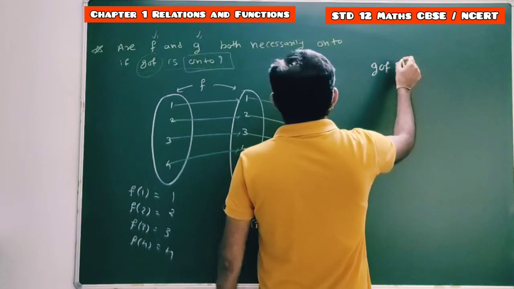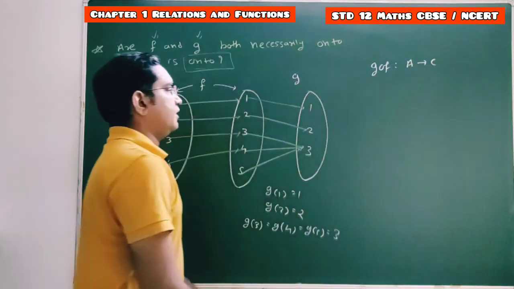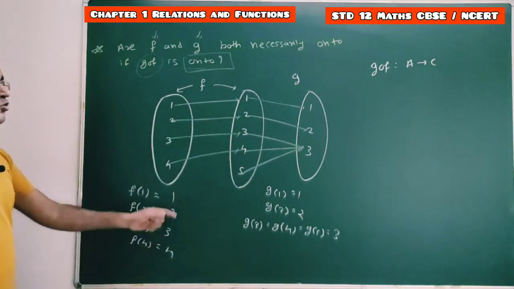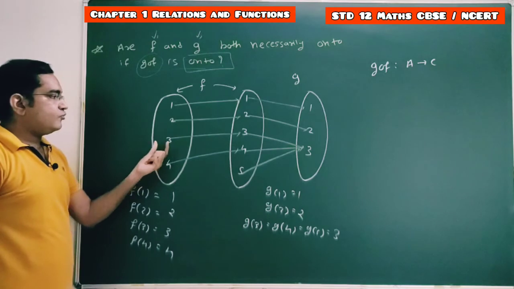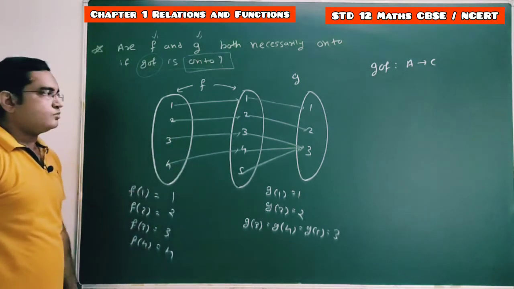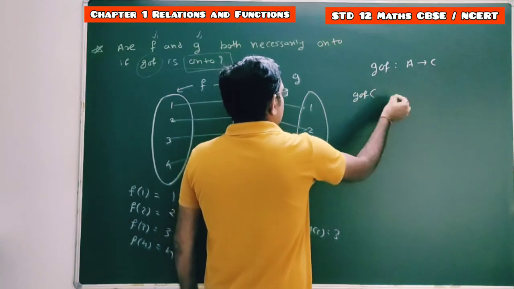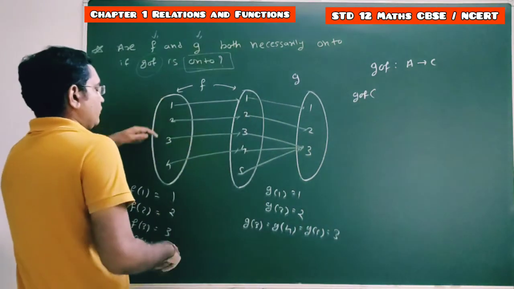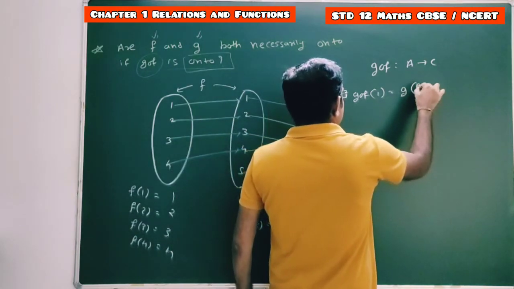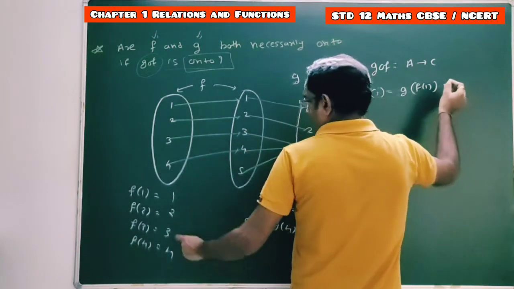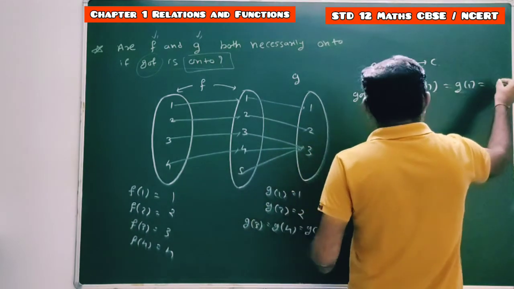So gof is from A to C. We have to check if gof is an onto function, then it is necessarily required that both functions f and g be onto. So gof whose domain is A, so gof 1 equals g of f of 1. f of 1 is 1, so it's g of 1 and g of 1 is 1.